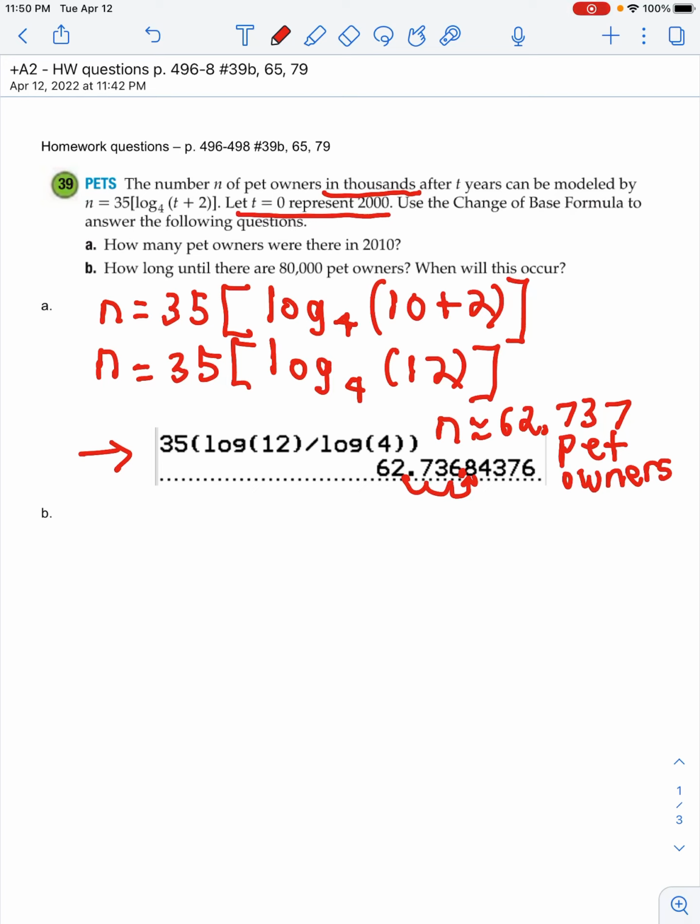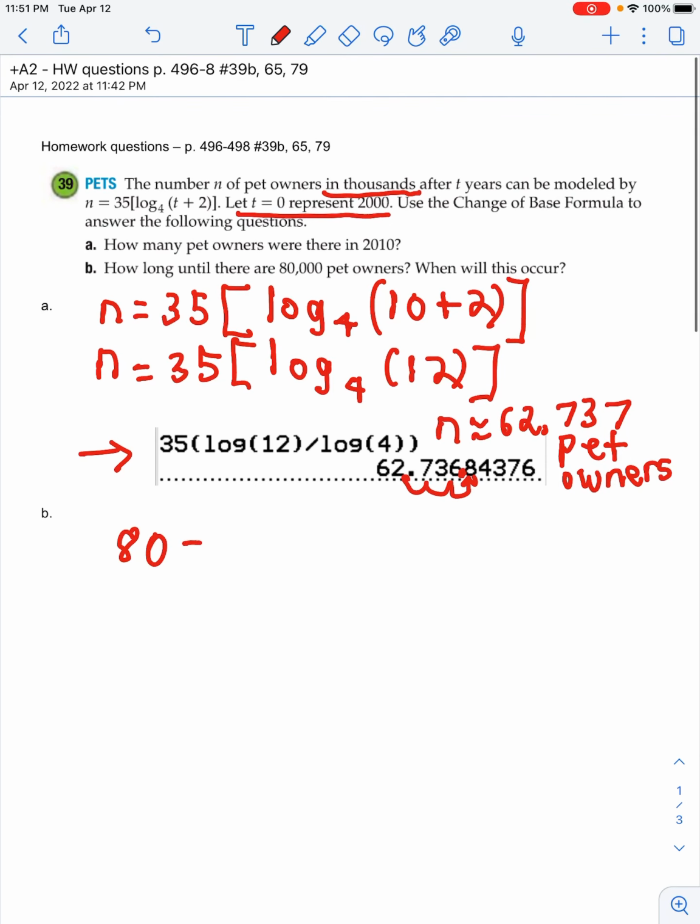Part B, however, is a little more complicated. It says, how long until there are 80,000 pet owners? That implies that n is 80,000, which in our formula, since n is in thousands, we would want to substitute into our formula for n with 80.